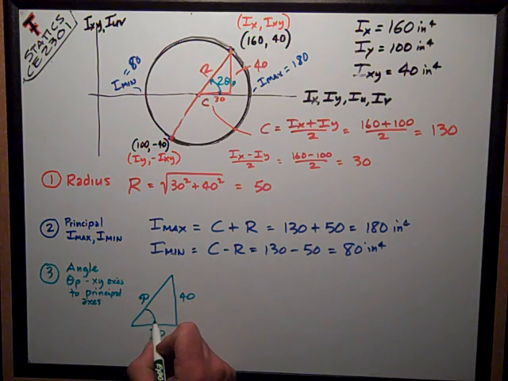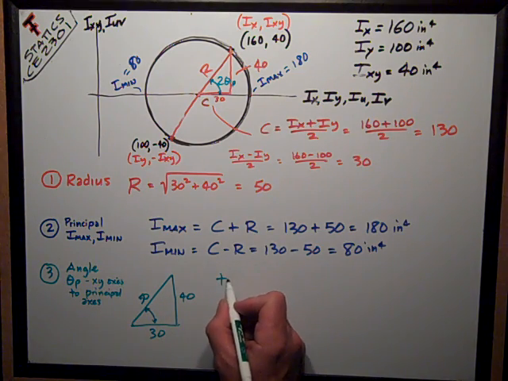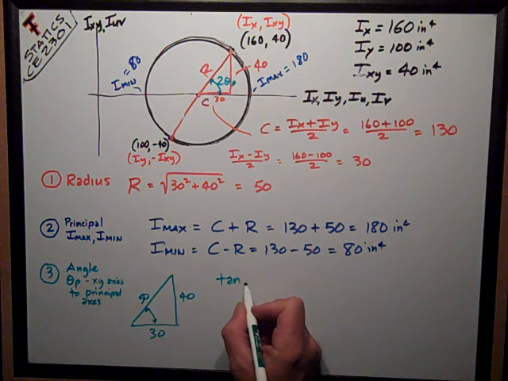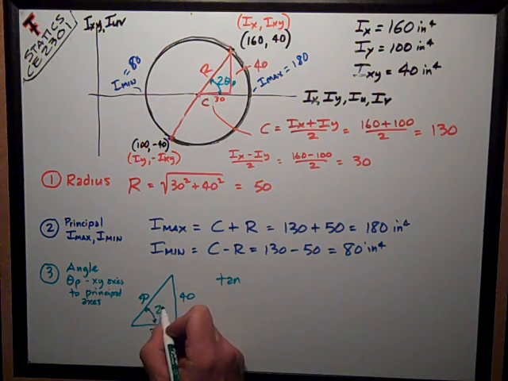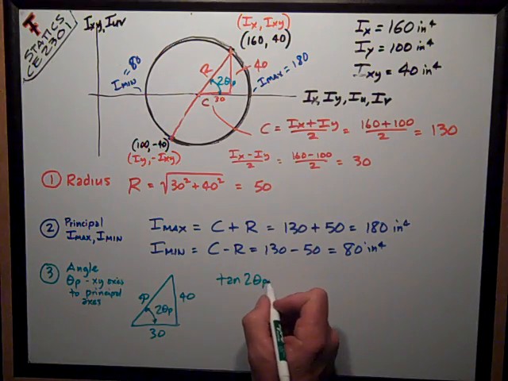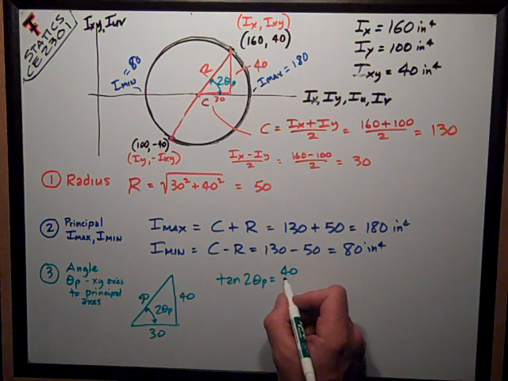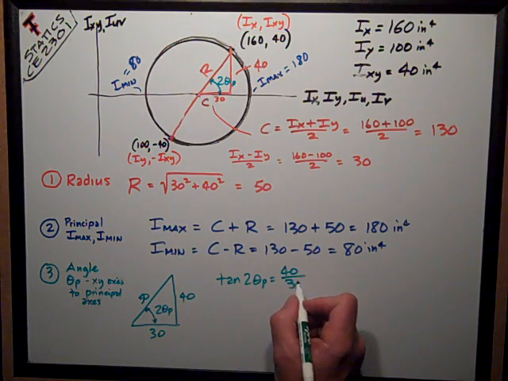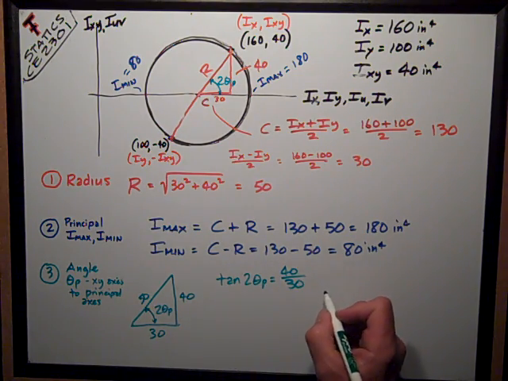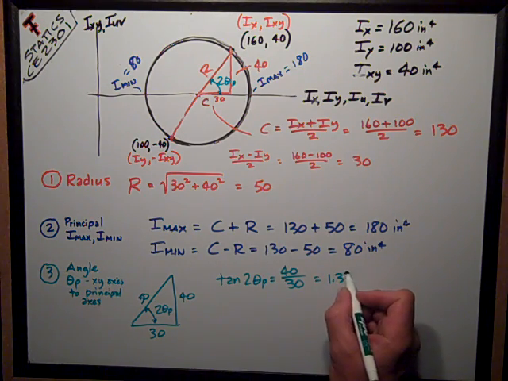If I want to know that angle, from trig, the tangent of that angle, 2 theta p, is equal to the opposite over the adjacent, 40 over 30. So that's equal to 1.333 repeating.